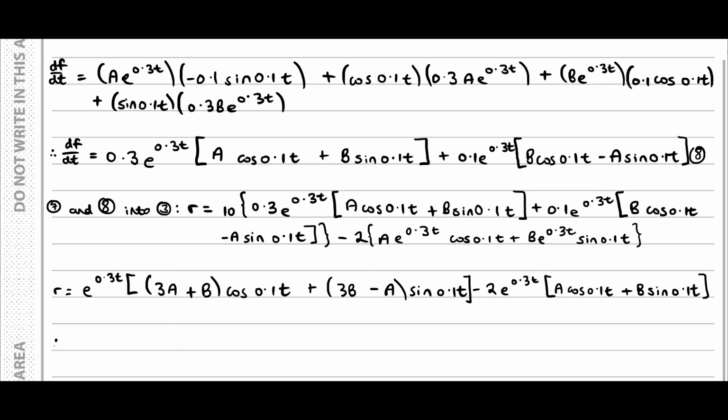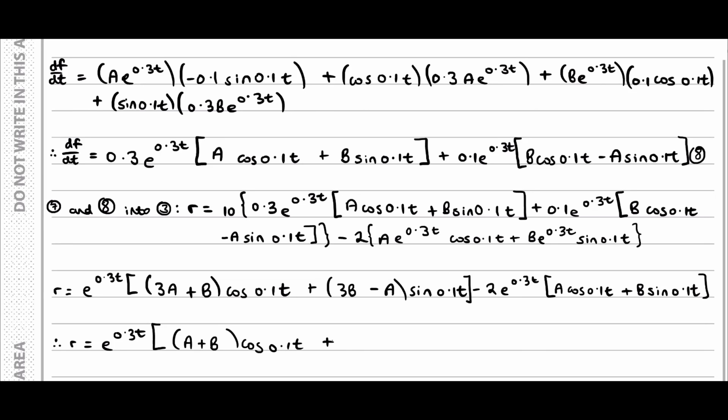So r is equal to, we still have this e to the power of 0.3t everywhere, and then inside the brackets we simply have a plus b lots of cos of 0.1t, and then in terms of the sines we have 3b minus 2b, which is b, and then we still have this minus a.